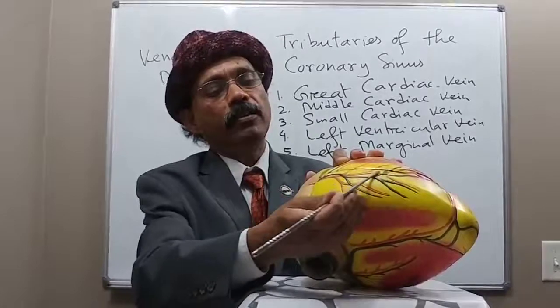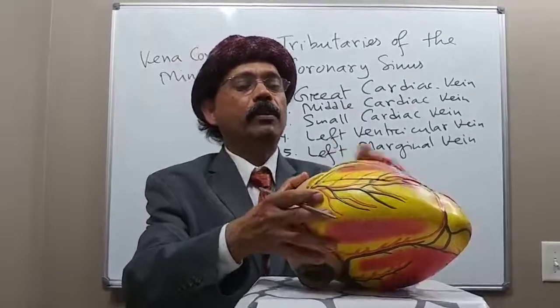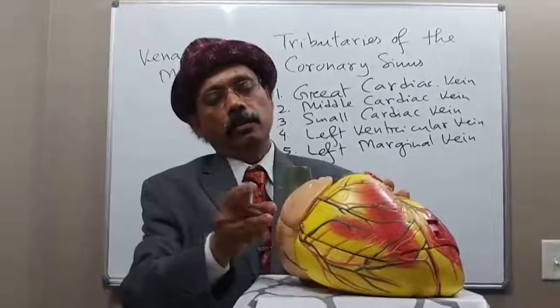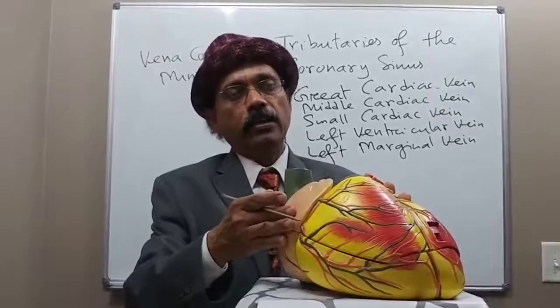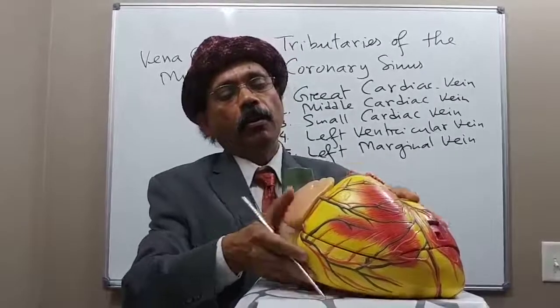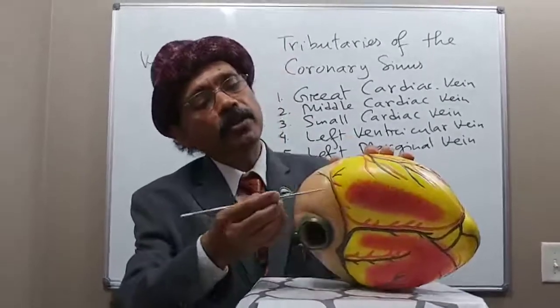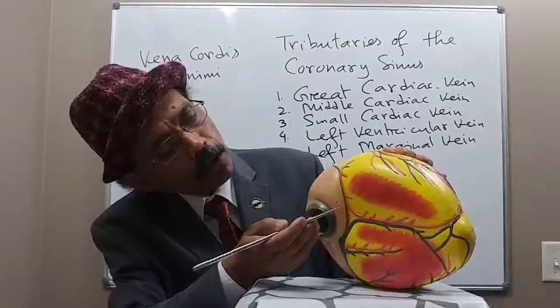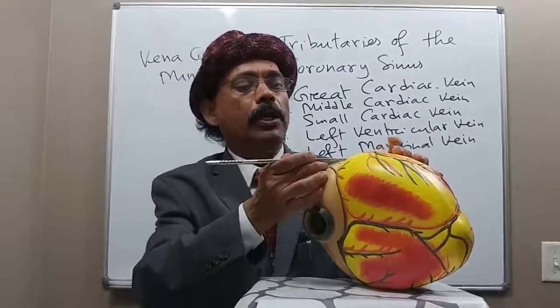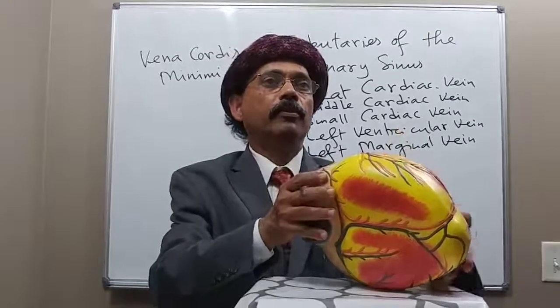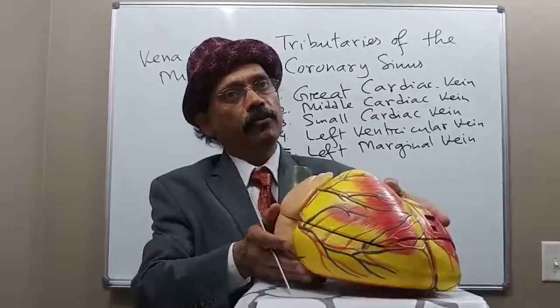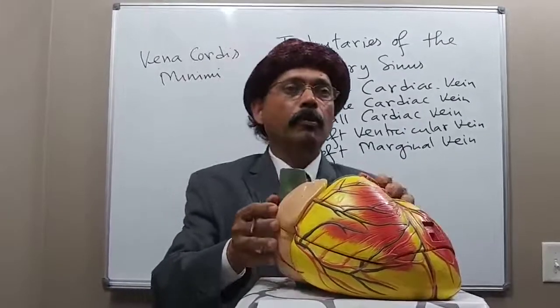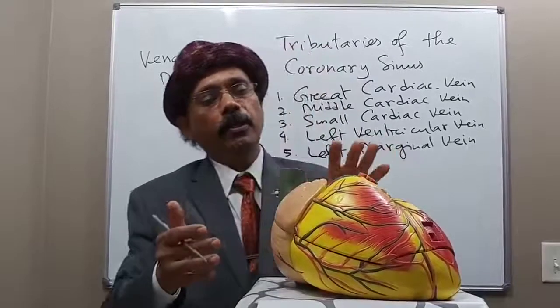Right marginal vein may open into the right atrium directly, or it may be a tributary or continuation of the small cardiac vein. So it has variable formation and termination.